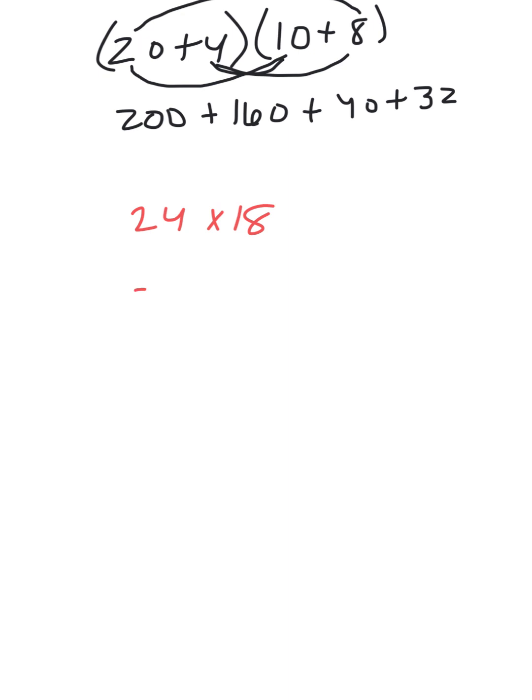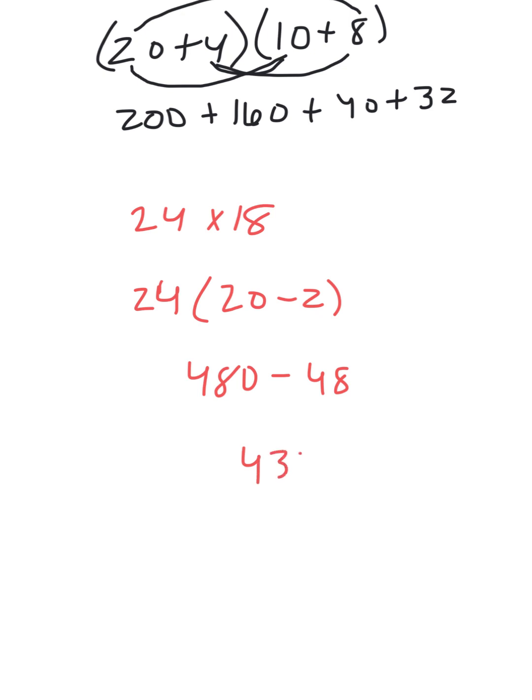Personally, I would do 24, and I'd actually do 18 as 20 minus 2. Because I'm just doubling 24, so that's 480 minus, well, 2 times 24 is 48. That still gives us that answer of 432.